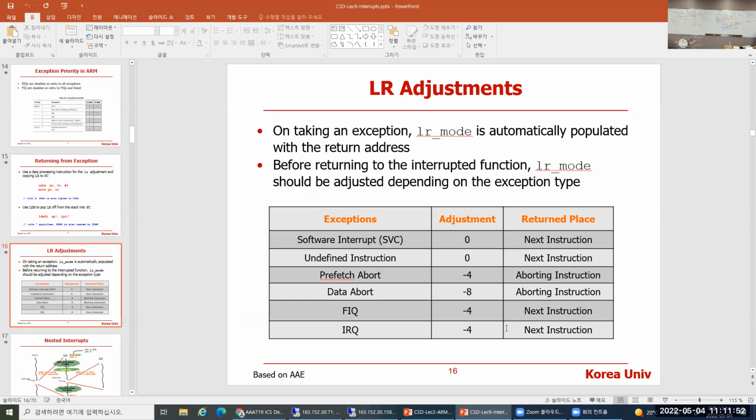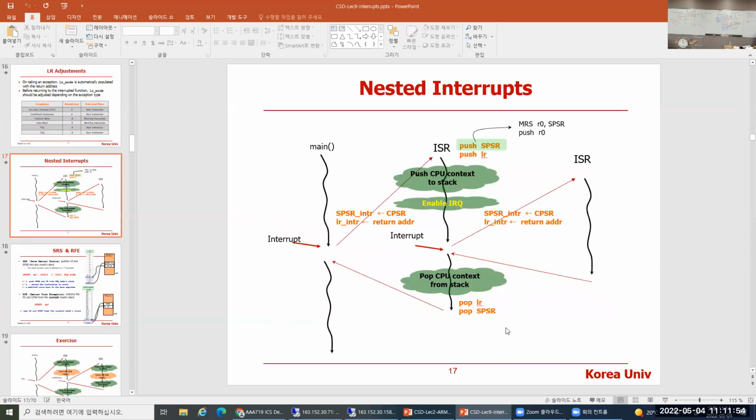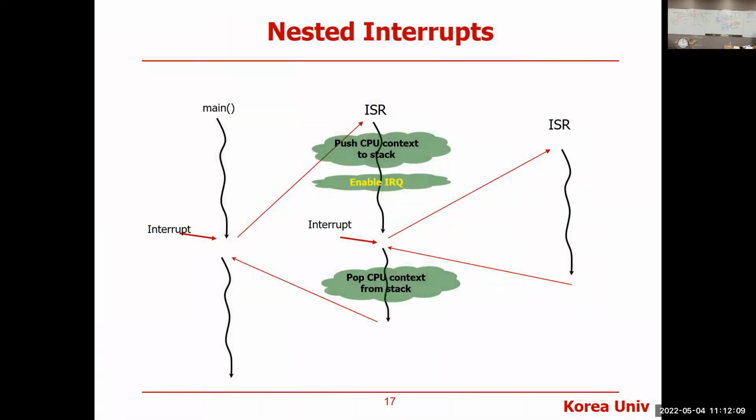So far so good. Okay, so that's one, and then let's talk about nested interrupt. This nested interrupt makes things a little bit complicated. Like a nested function call, when you make a function call inside a function, you want to call another function.